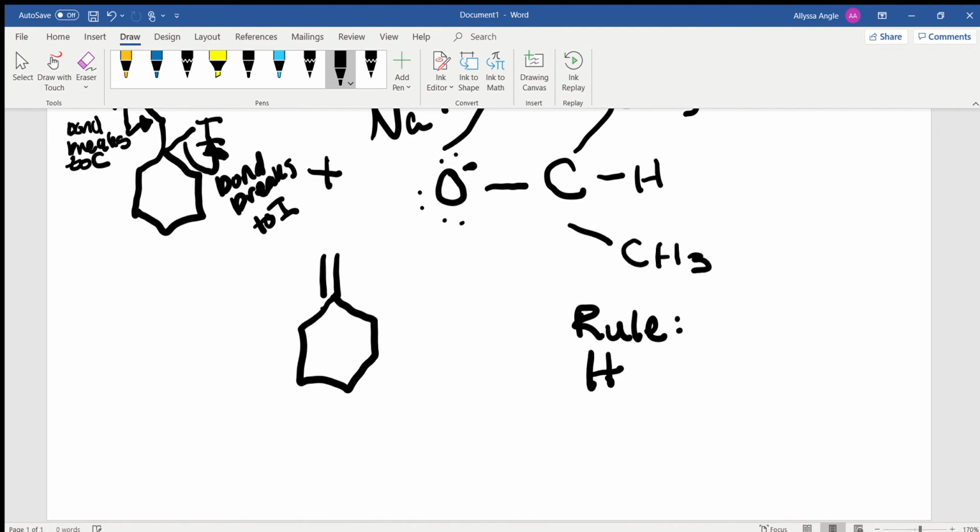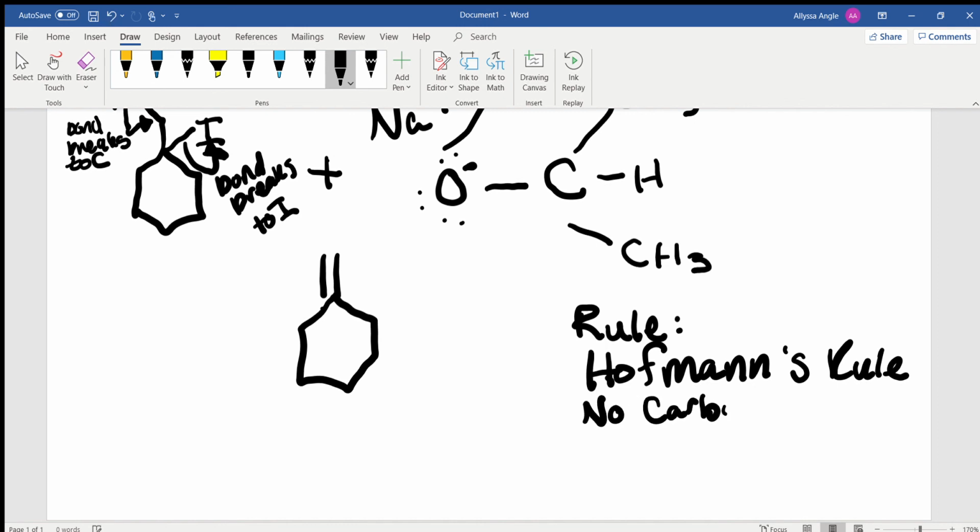So it follows Hofmann's rule. There is no carbocation rearrangement.